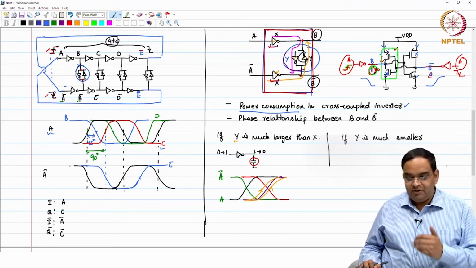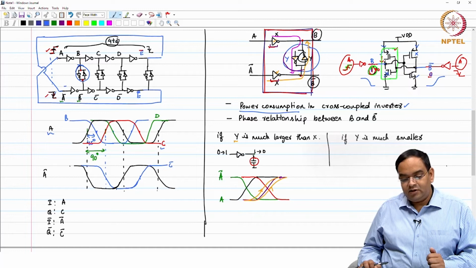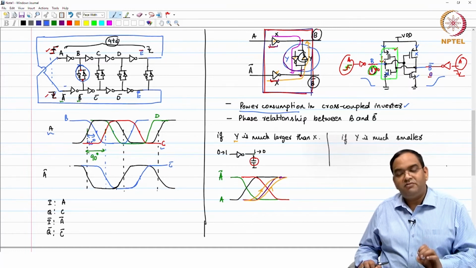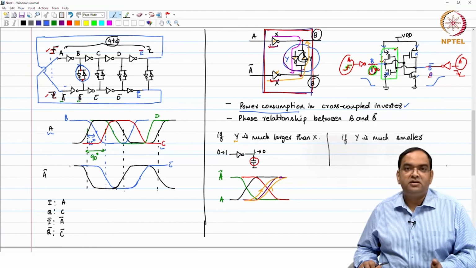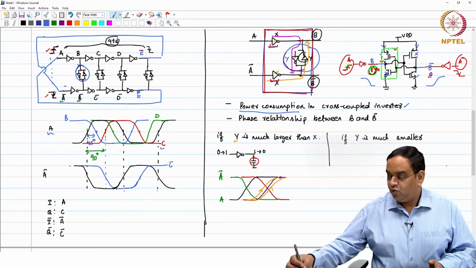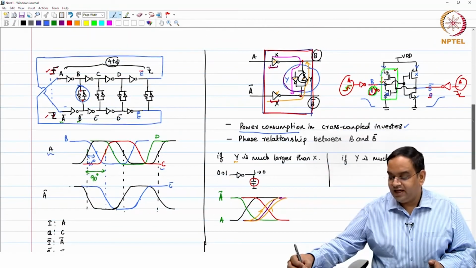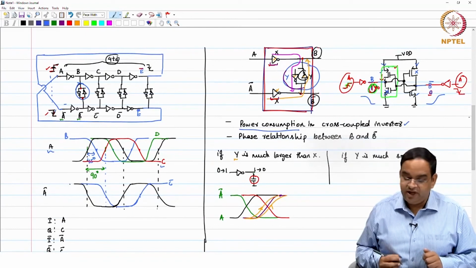Okay. We will look at another topology for the zero differential ring oscillator, but if you are using cross coupled inverter, power consumption will increase for sure. Okay. So, that is how we optimize the size of the cross couple with respect to the main inverter.